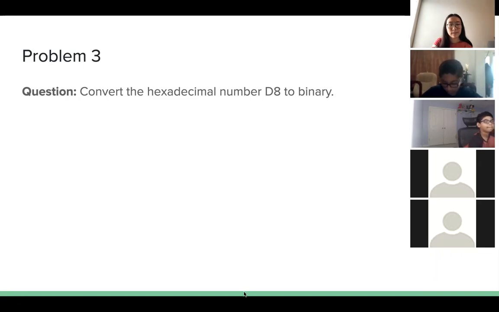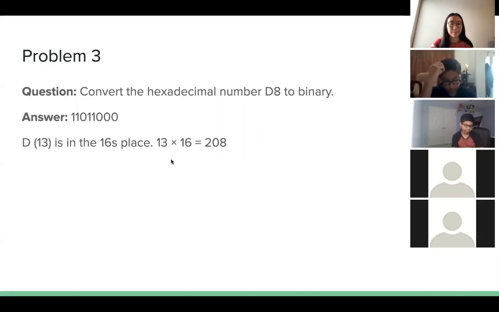So let's just go through. One way to do this, like I said, is just convert D8 into decimal base 10 and then convert that base 10 number into binary. That's the long way, but it looks like you guys are thinking about the shortcut way. So we're just going to go through the long way first.